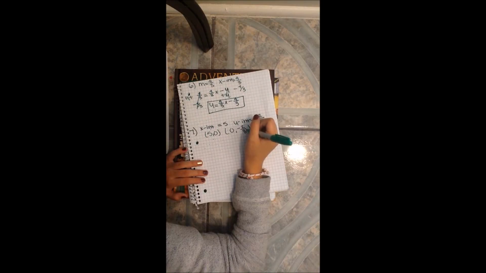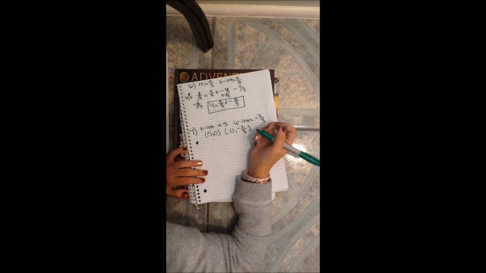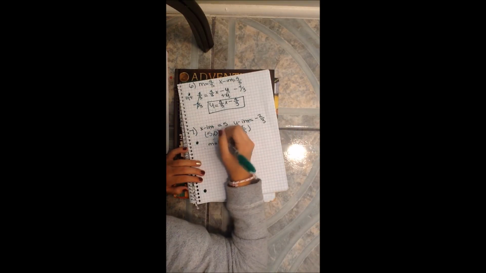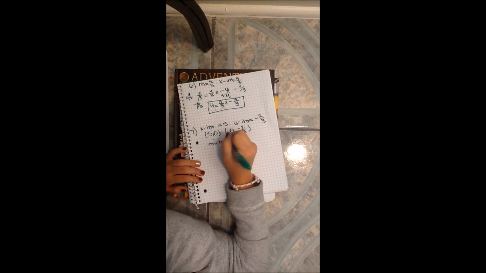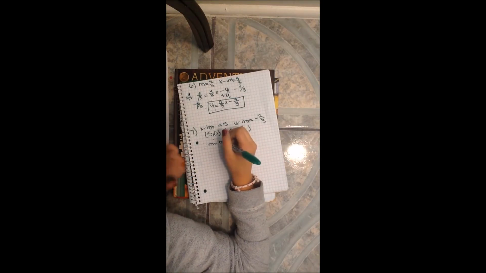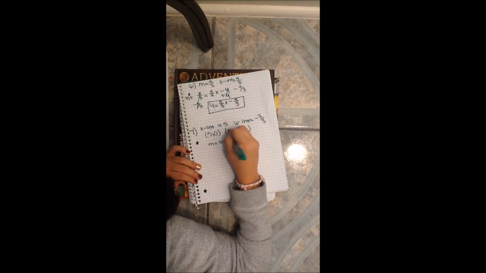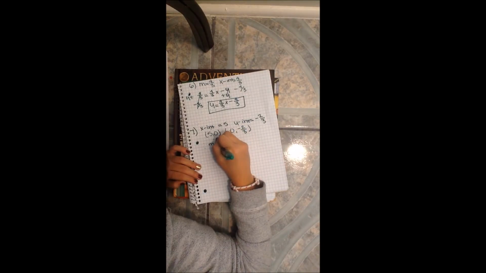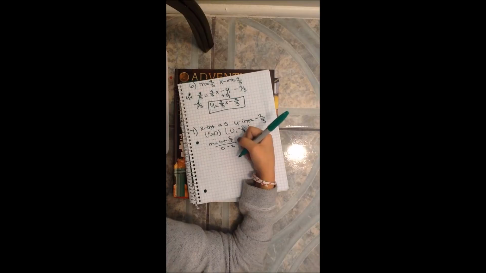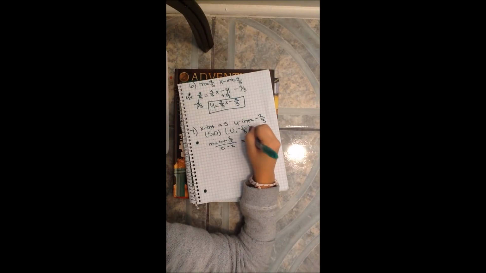So to find my slope, m equals 0 minus, well, plus, because it's minus negative, so it would be plus 2 over 3 over 5 minus 0. So it would equal 2 over 3 over 5.